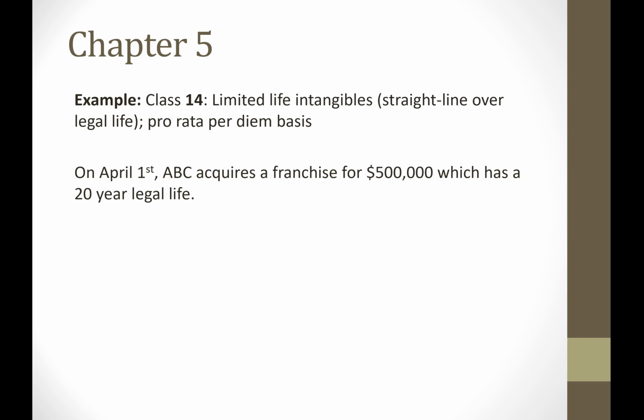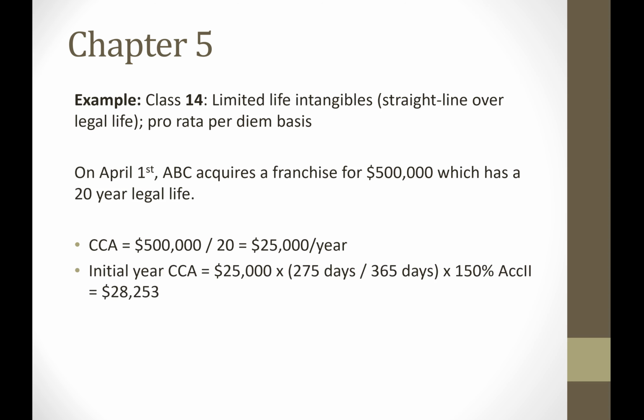Let's look at this example. On April the 1st of the current year, the company buys a franchise for $500,000, which has a legal life of 20 years. It's done on a straight line basis. The CCA per year would be $25,000 per year. Now, in the first year, we have to prorate that based on the number of days. We bought it on April the 1st, so April the 1st to December 31st, that's 275 days over a total of 365 days.